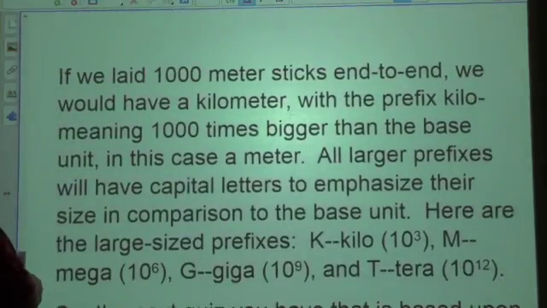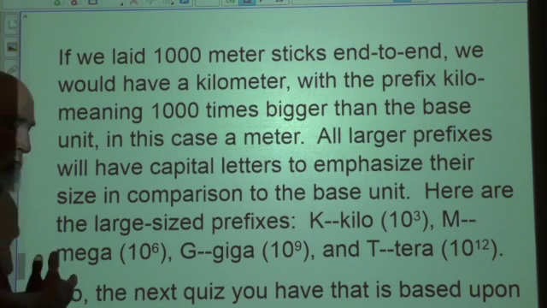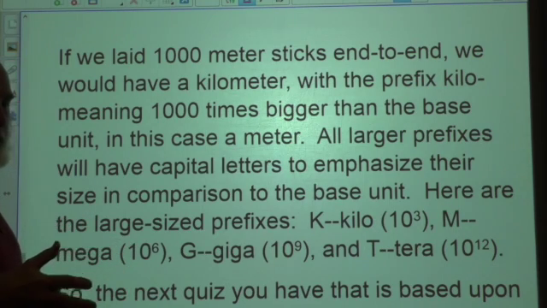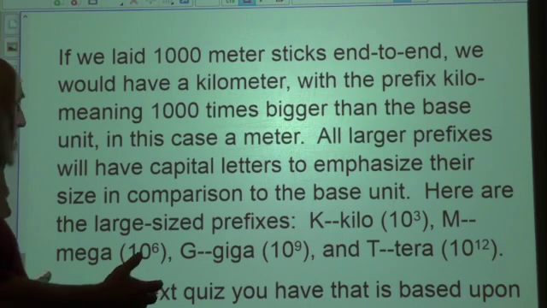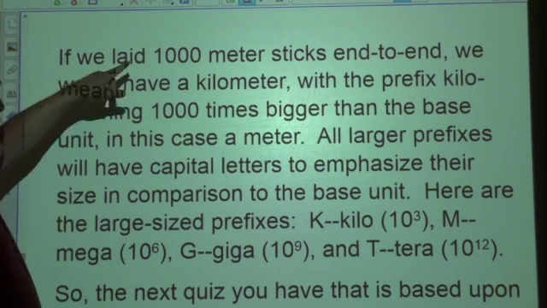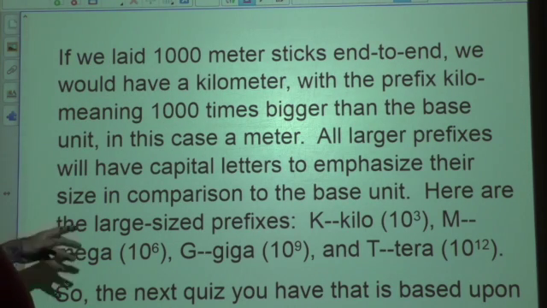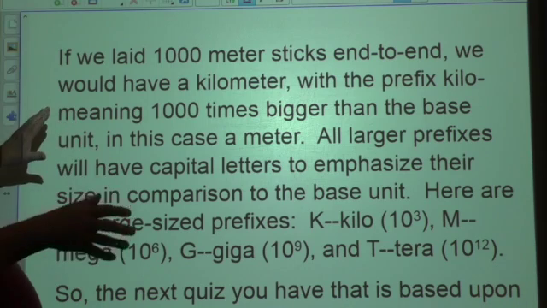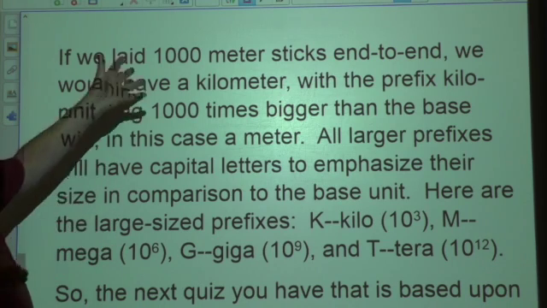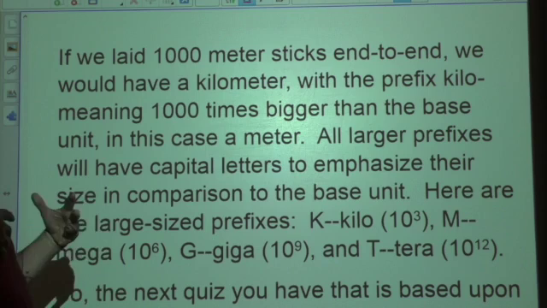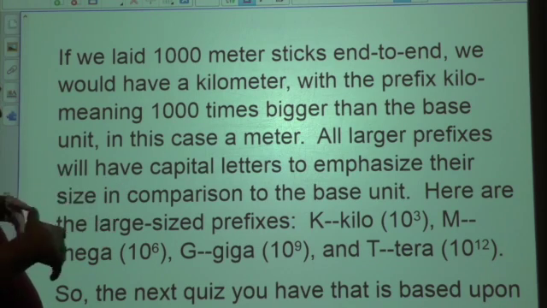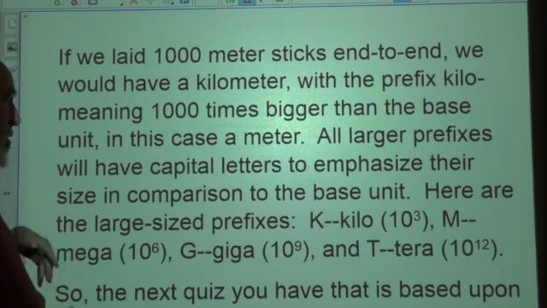If you have multiples of the base unit, like if you take a meter stick and lay it end to end 1,000 times, that is what is known as a kilometer. And that means 1,000 times bigger than the base unit, in this case a meter, but it could be a kilogram, a kilosecond, kilo whatever, kiloliter.